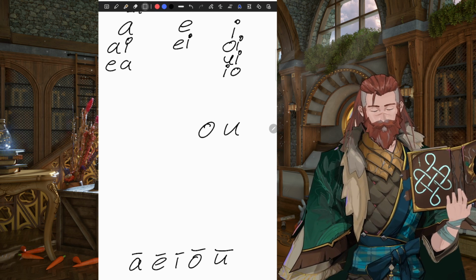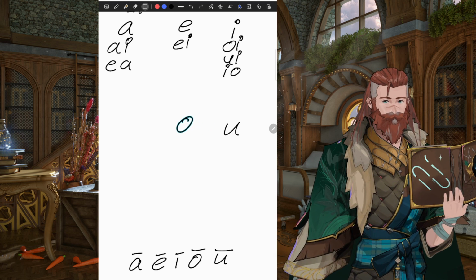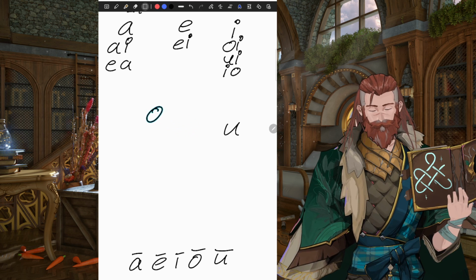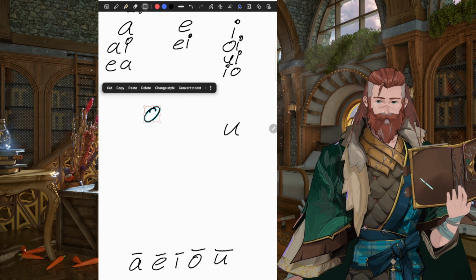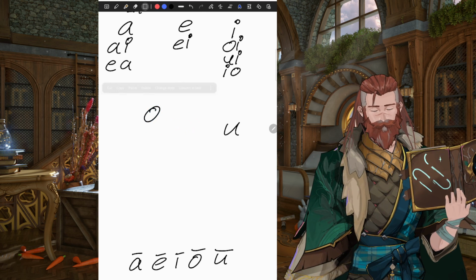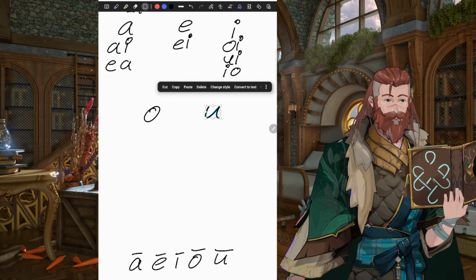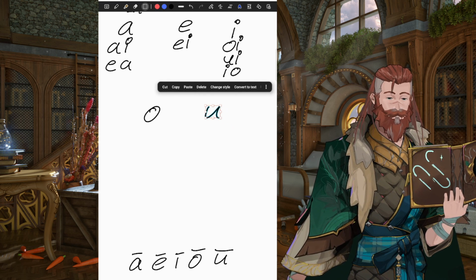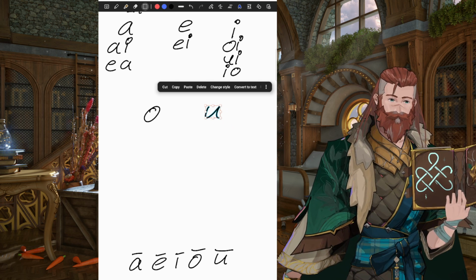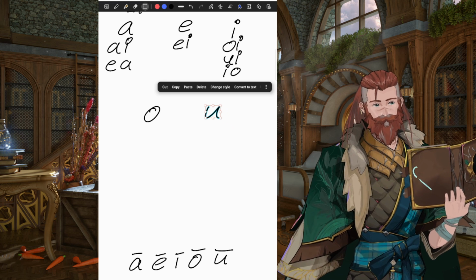For the O, it's really just the O. That's all you really got. The O doesn't have any fancy combinations to go along with it. You see an O, not surrounded by any other vowels, you're just going with the O sound.